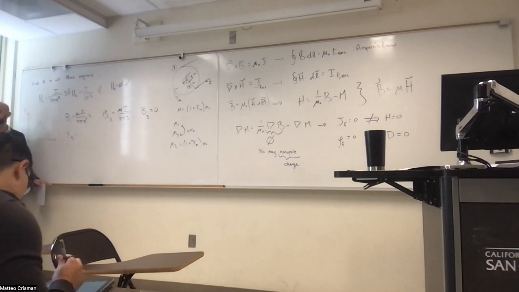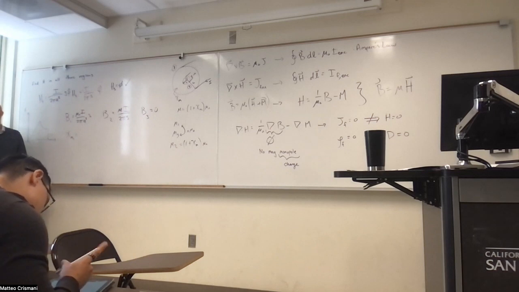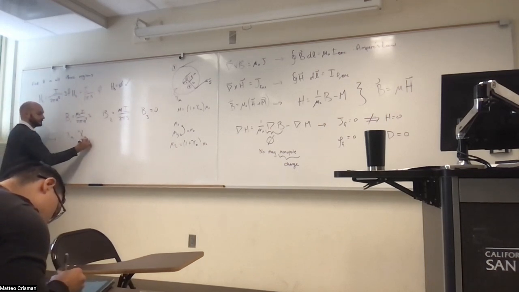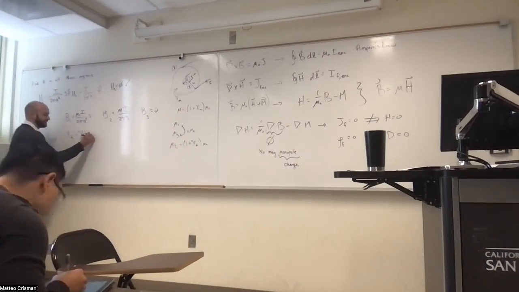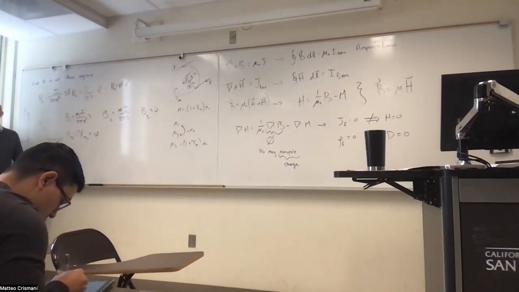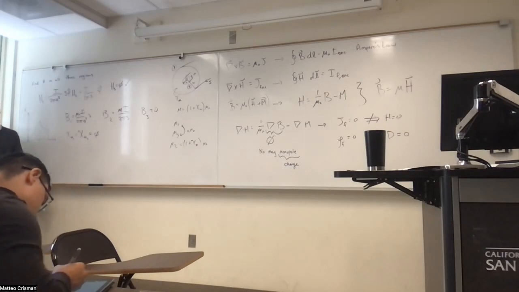What's that one? Zero, very good. What's this one? So in the places where there isn't a diamagnetic material, the magnetic susceptibility is 0.